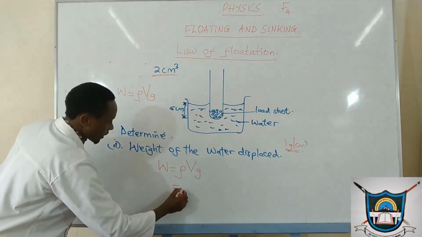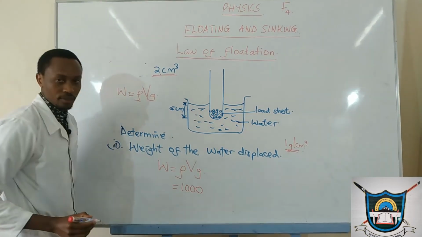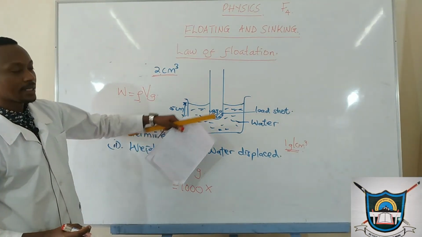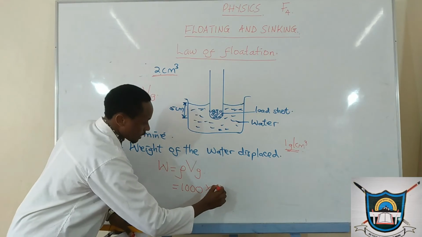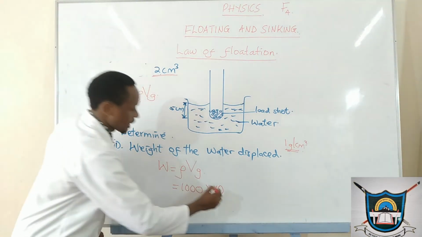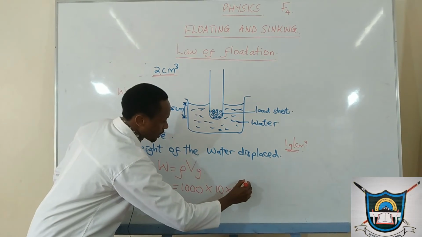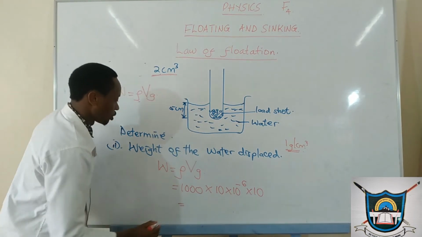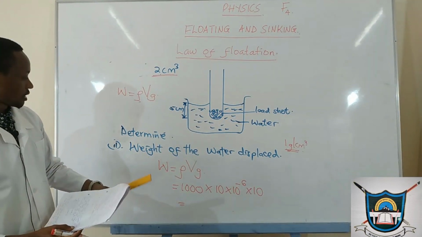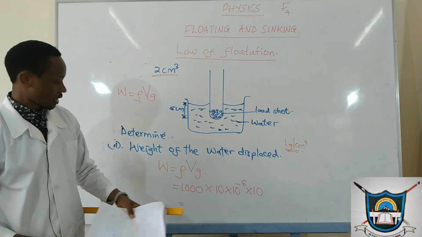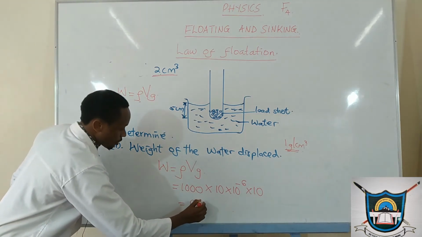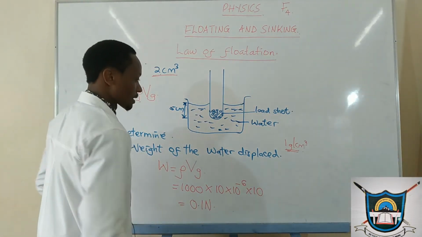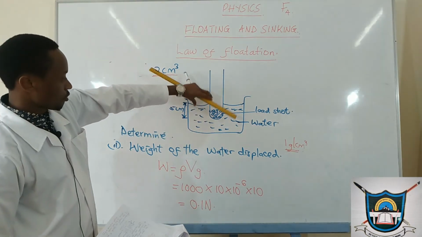So this is the same as 1,000 kilograms per cubic meter, times the volume of the water displaced, 10 cubic centimeters, changed into cubic meters: 10 raised to power negative 6, times 10. If you use your calculator, you will get 0.1 Newton. So this is the weight of the water which is displaced when this test tube is floating in this water.